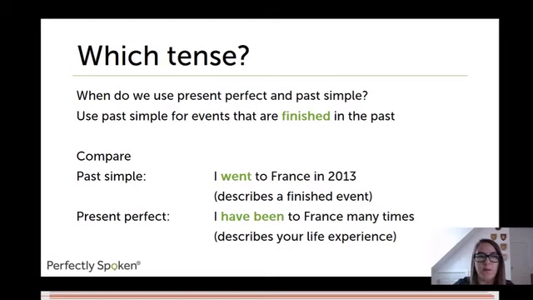So, past simple. I went to France in 2013. You're describing an event that is finished. You went one time, it was in 2013, it's finished. Present perfect. I have been to France many times. Here you're talking about your experience. The going to France might have happened in the past, but you went many times, so it's experience, so you need a present perfect tense.